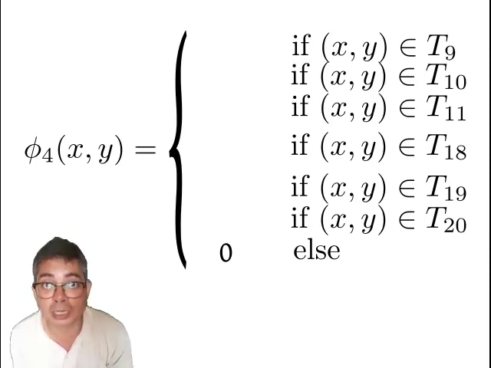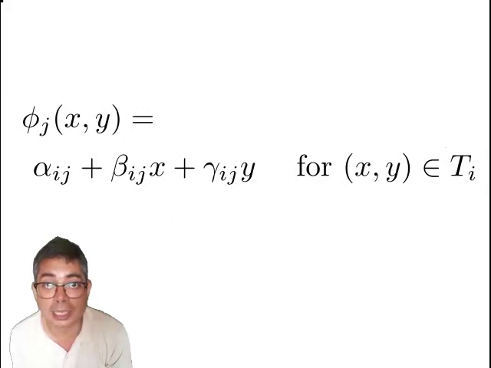Thus, we have this general form where phi_j is expressed in terms of the 3 coefficients alpha_ij, beta_ij and gamma_ij, where the subscript j denotes which particular basis function we are working with, and the subscript i denotes which particular triangle we are talking about.